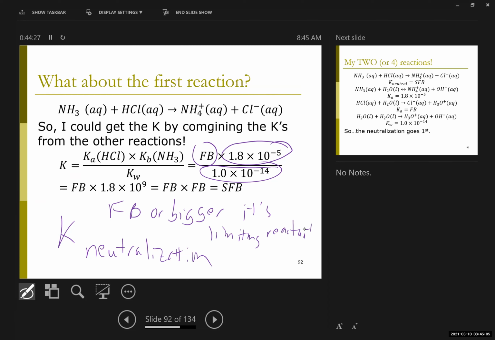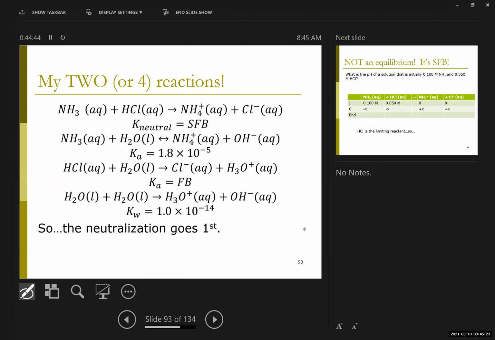The only reason I go through this exercise is if I have more than one reaction that's frickin' bigger, I need to know which one is frickin' biggest, right? Because I always treat my reactions in order of the magnitude of K, right? So in this case, I don't really need the number, but it's really more a ranking mechanism. My neutralization reaction is super freaking big, whereas my HCl strong acid dissociation is really just freaking big.